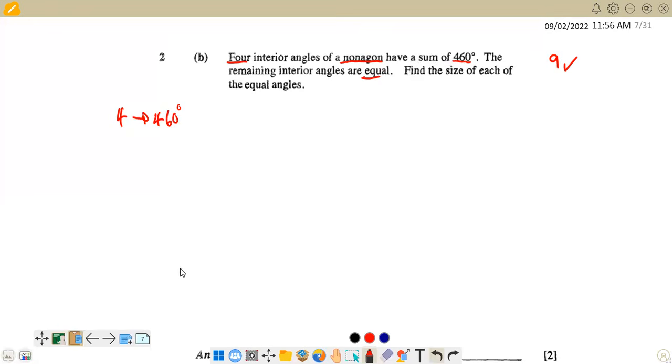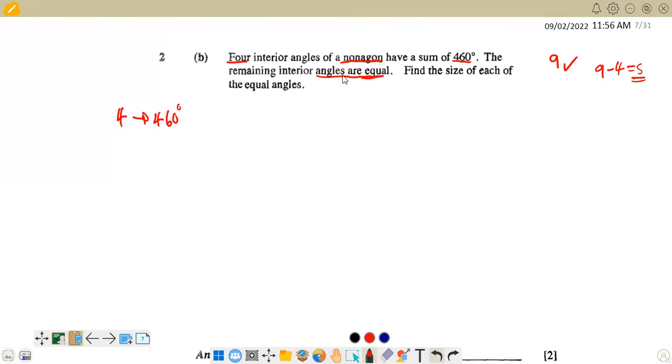We move on to the other part. If these are 4 out of 9, how many angles are remaining? That's 9 minus 4, so we are remaining with 5 angles. We are now given that the remaining interior angles are equal.